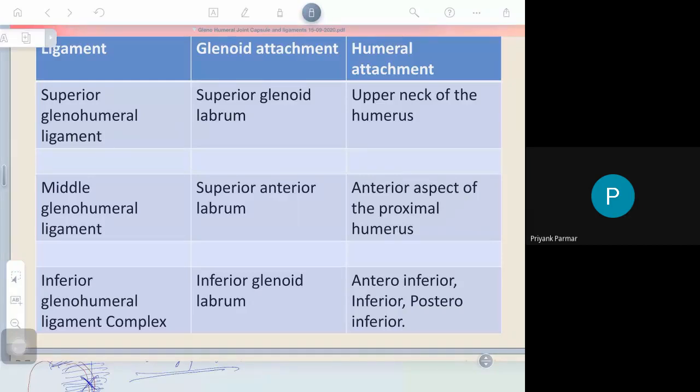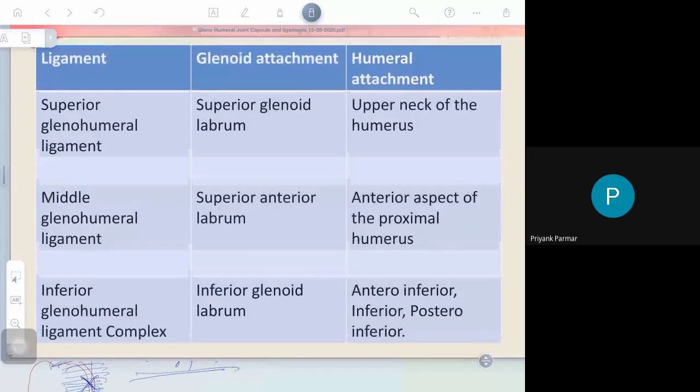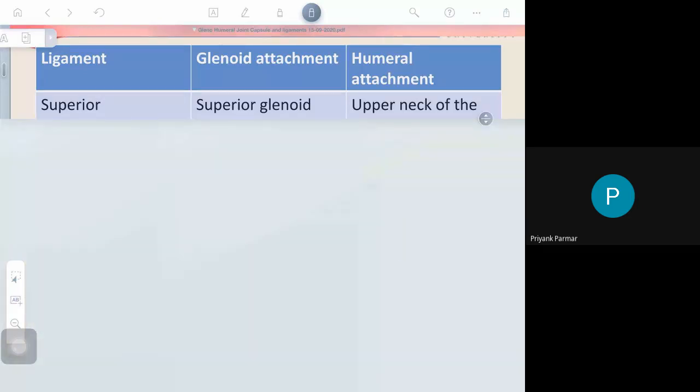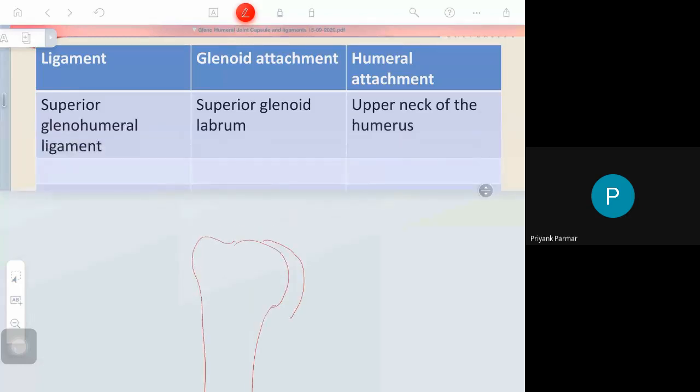First we will discuss the superior glenohumeral ligament attachment. For the superior glenohumeral ligament there are two attachments: one is the glenoid attachment and the other is the humeral attachment. This is the glenoid cavity and this is the humerus. So the glenoid attachment is the superior glenoid labrum.